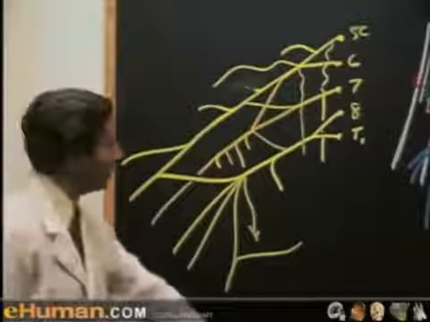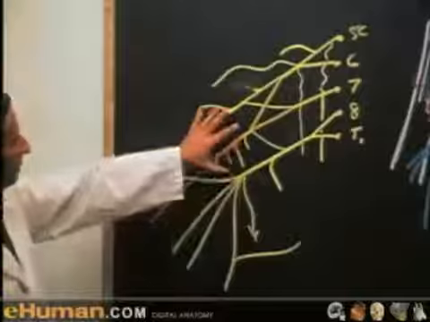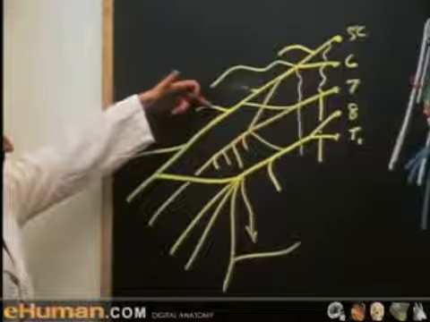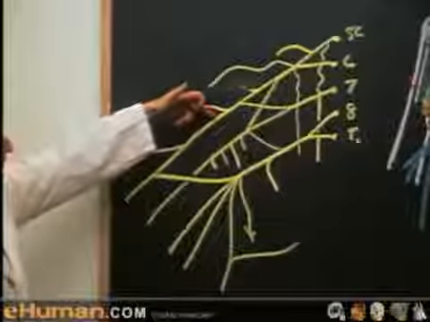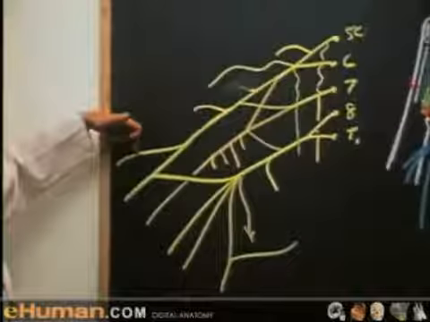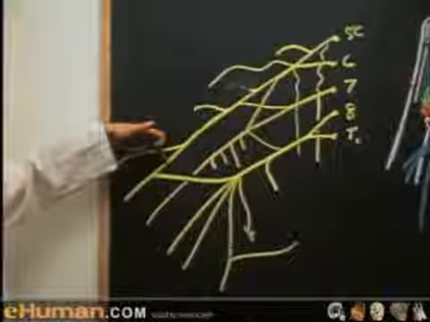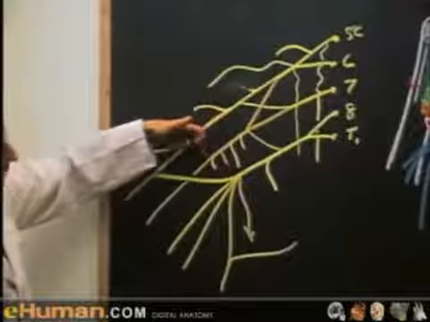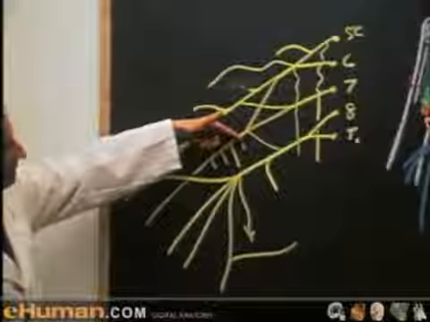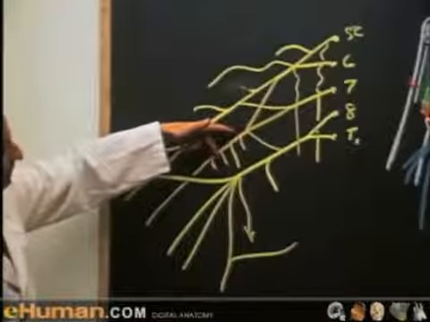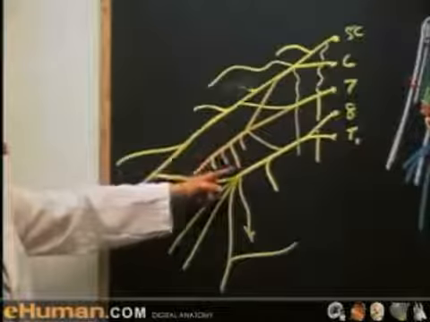So let us just review again the branches of the cords of the plexus. We have the lateral pectoral nerve coming off the lateral cord of the plexus, the musculocutaneous nerve, the lateral root of the median. Off the posterior cord of the plexus, we have the upper subscapular and the lower subscapular nerves, and we have the thoracodorsal nerve.